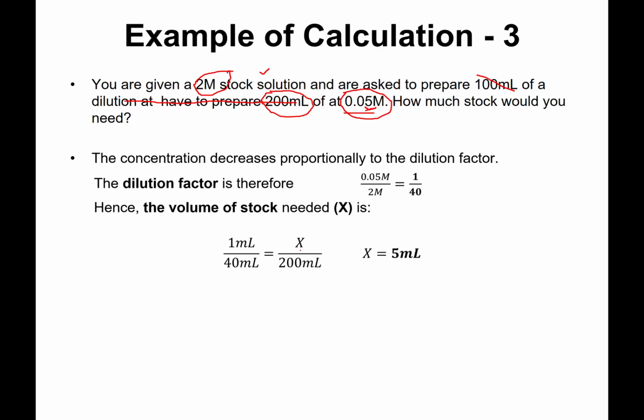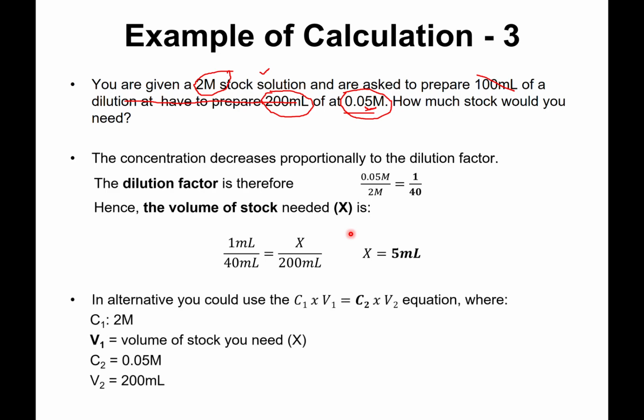Therefore, how much would you need if you had to prepare 200 milliliters? If you resolve that, you would come out with a volume of 5 milliliters, which is what you would need to pick up to prepare this dilution here, based on the concentration of the final solution you were given.